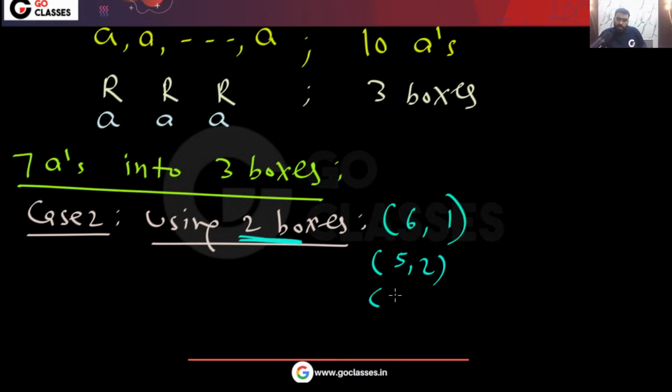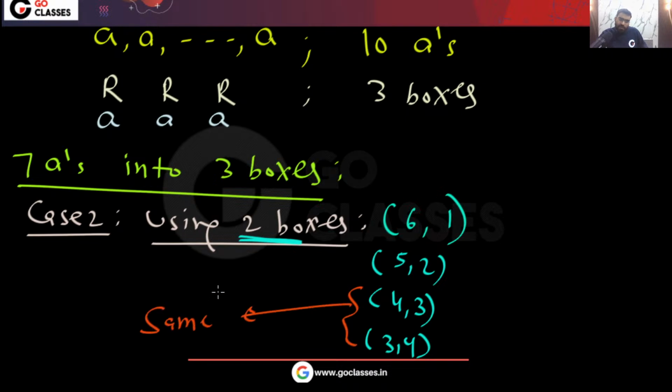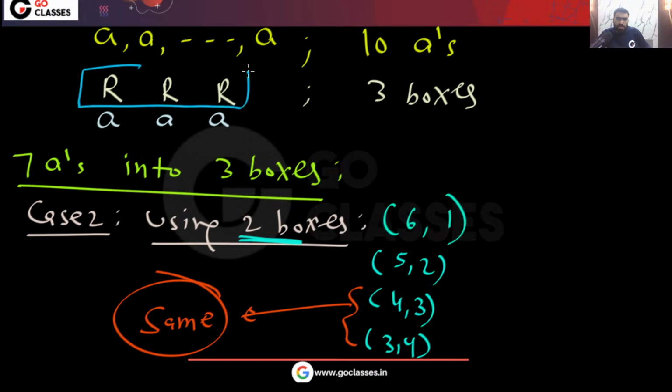So you can do 5-2. You can do 4-3. Can I do 3-4? No. They will be same because boxes are same. 4-3 and 3-4 will be same because all the boxes are already same. So that is the reason you cannot do this. So again, very simple, there are only 3 ways.